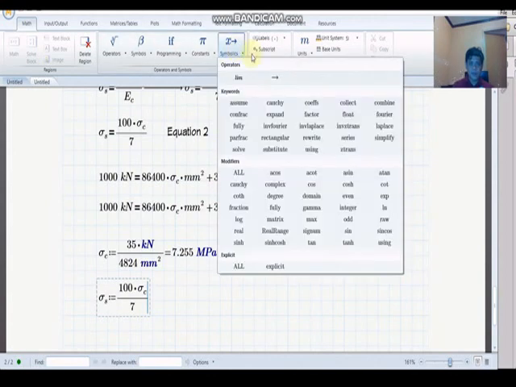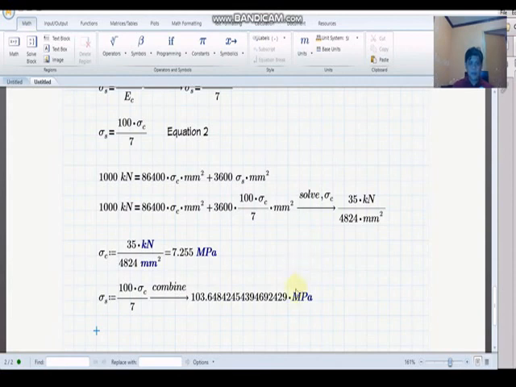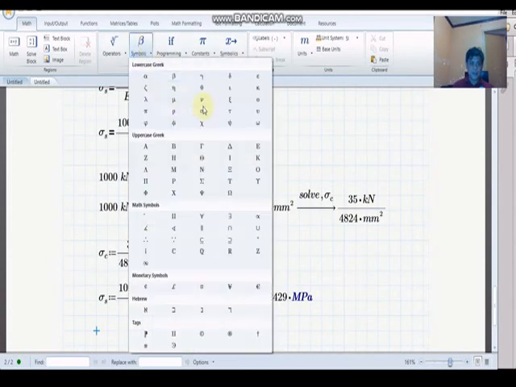Let's solve this one. Combine. So we have 103.648 megapascal. Okay, so let's further simplify this one.